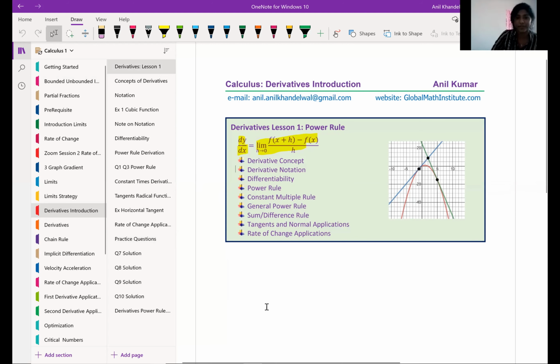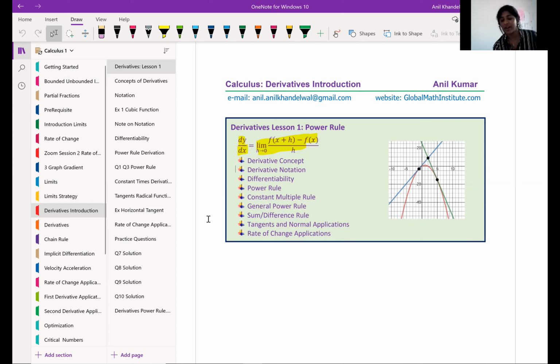Right. So I just learned that dy over dx is, I don't know how to say it, Leibniz notation. Is that how you say it? Yeah. And the formula is still the same. It's still the difference quotient formula. That hasn't changed.